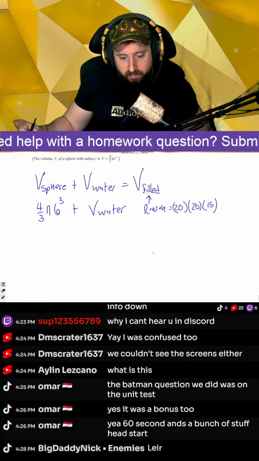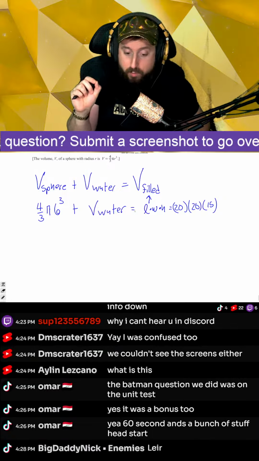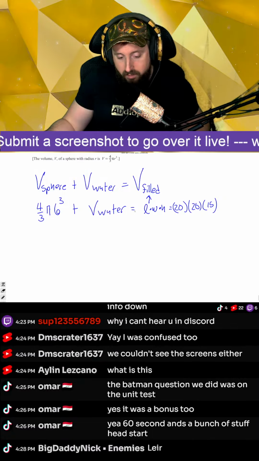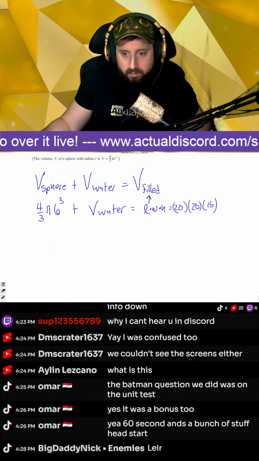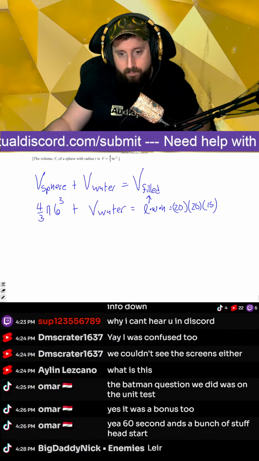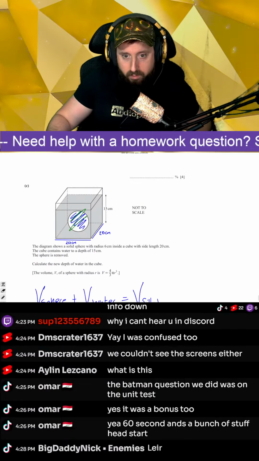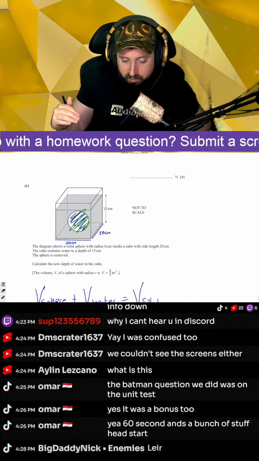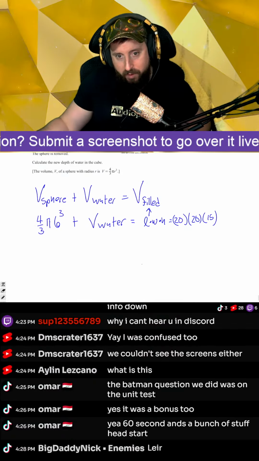Because now I can solve for the volume of the water. The reason I need the volume of the water, Jaden, is that when the sphere is gone, only the water is going to provide height in the cube. It's going to provide volume that provides height.